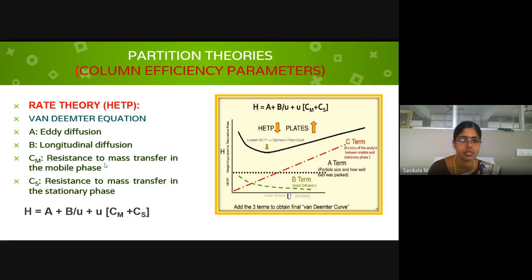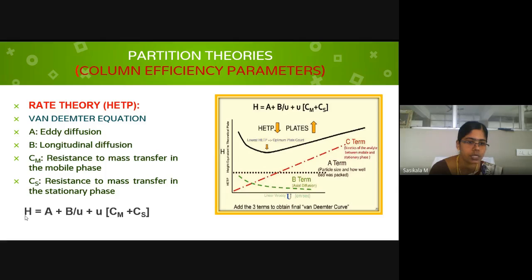Different diffusions are explained with the Van Deemter equation. Rate represents the migration rate of your analyte between the two phases, stationary and mobile phase. How it migrates, and in what way, is explained with this theory. So what is the rate theory for HETP? It is explained with the Van Deemter equation.